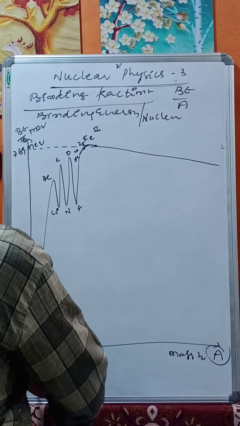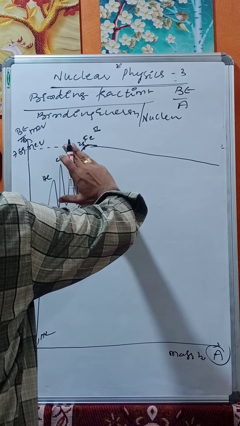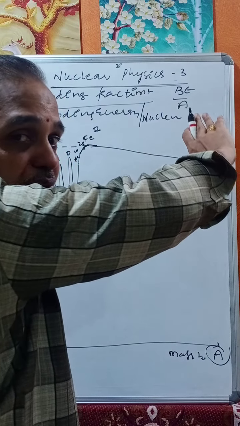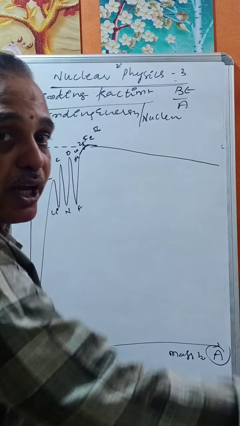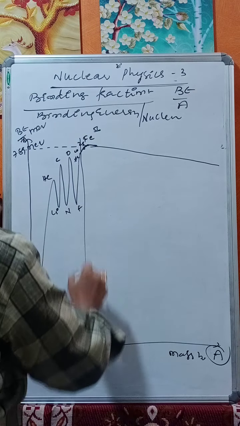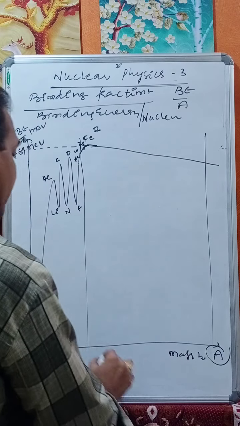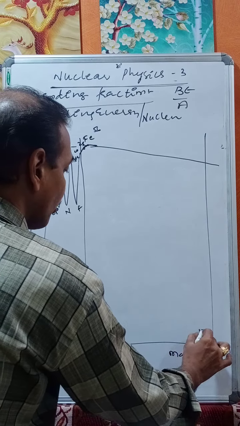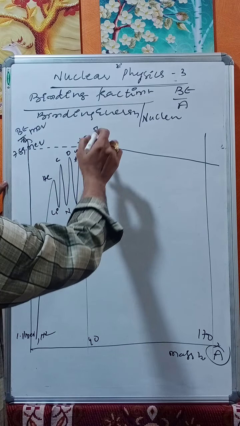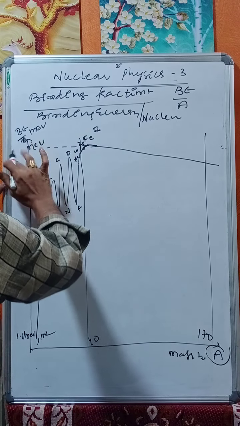That means it remains almost constant for the majority of nuclei, from about 40 to 170 or 180. Therefore the maximum value is for iron, 8.79.